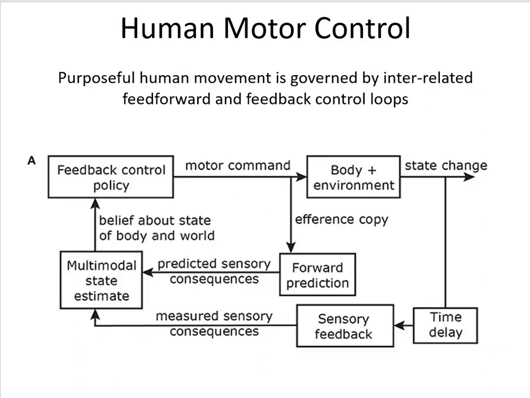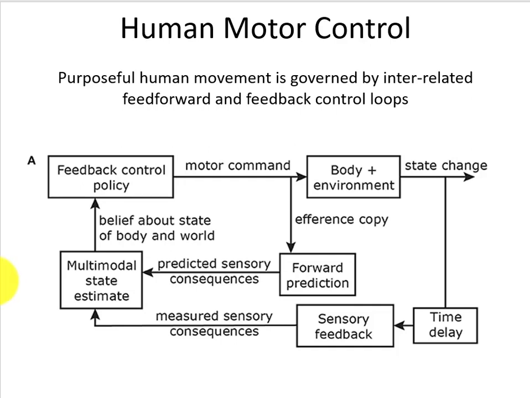A good way to think about this is to use these models. Purposeful human movement is governed by interrelated loops, both feed-forward loops as well as feedback loops, okay? And the brain employs these implicit models that are trained through experience.